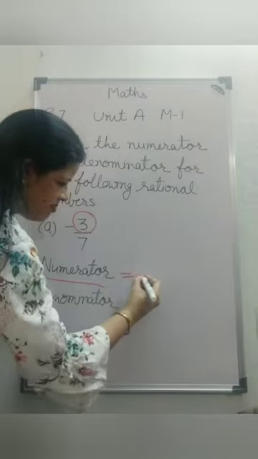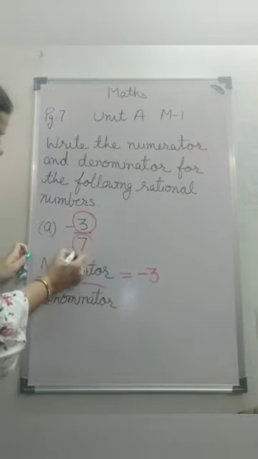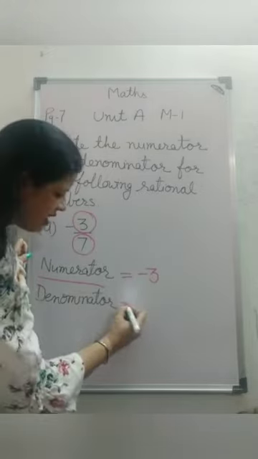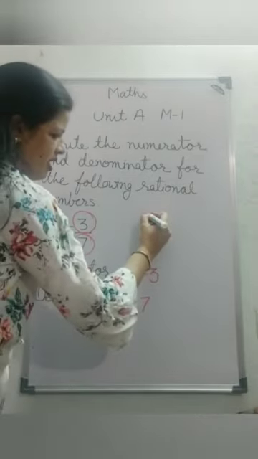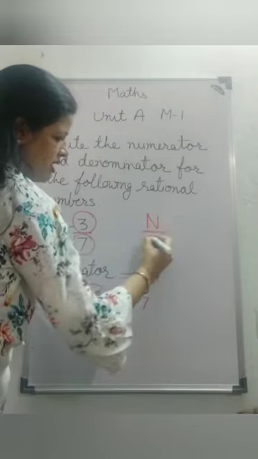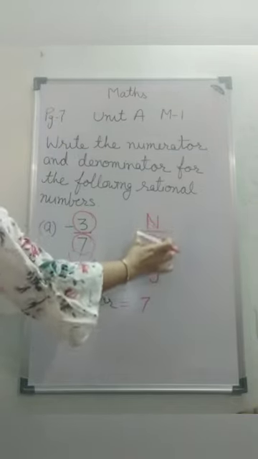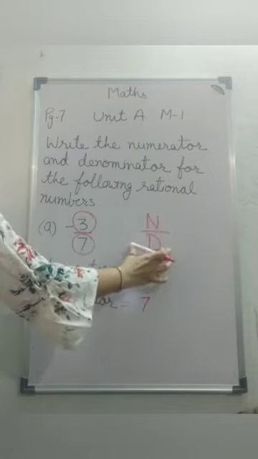So we can write -3 is the numerator and the denominator is the lower part of the fraction. So we can write 7. We can write numerator and denominator like this. Numerator is the upper part and denominator is the lower part of the fraction.